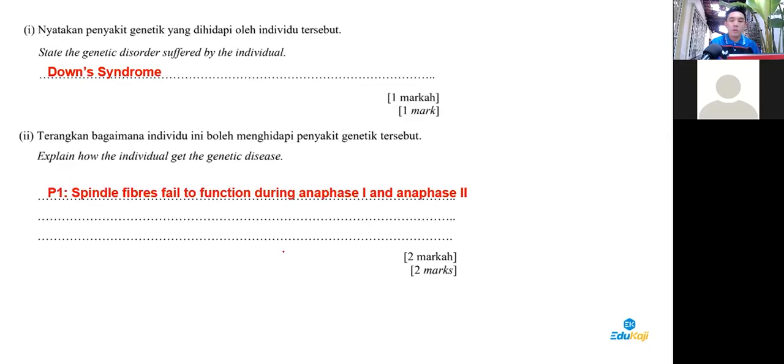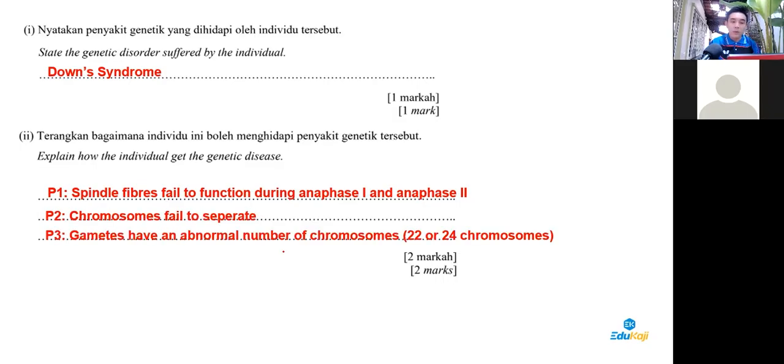Okay, so the spindle fiber fails to function. Chromosomes fail to separate. Therefore, they have either one extra or one less chromosome. I'll give you an example, guys. Let's say this ovum is 23.